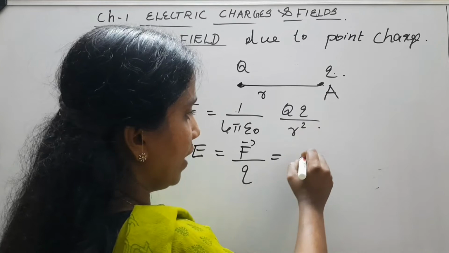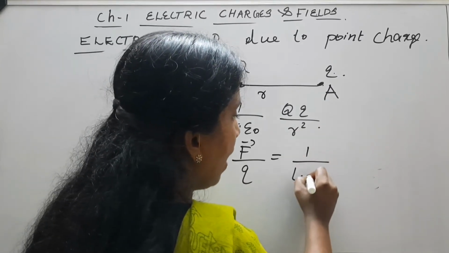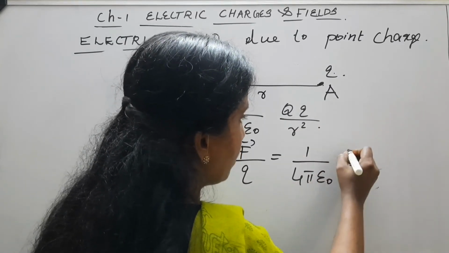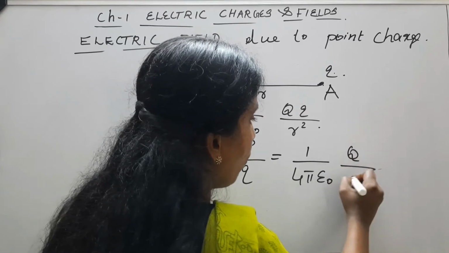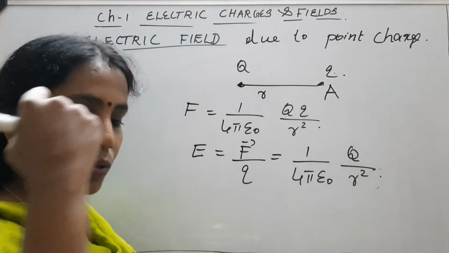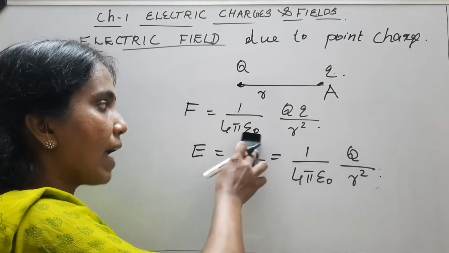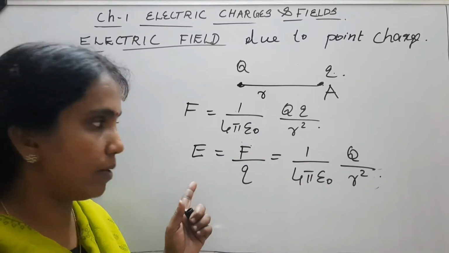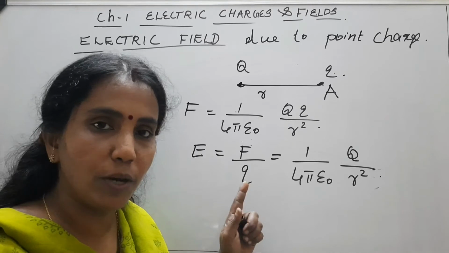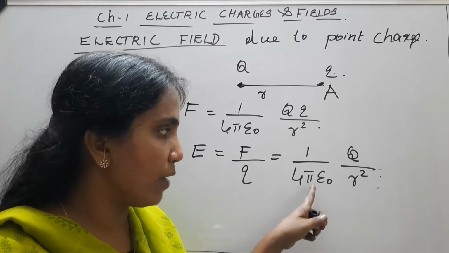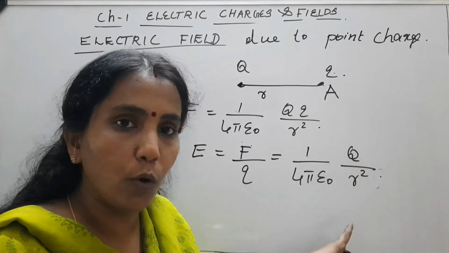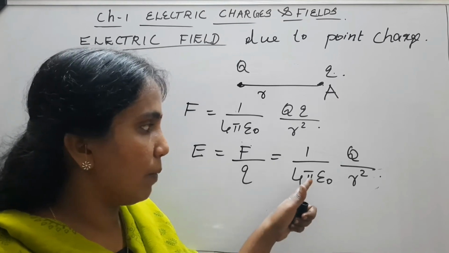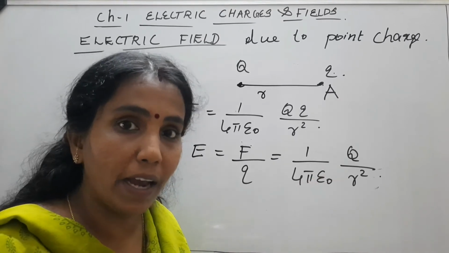This is to be divided by q, and what we have is 1 by 4 pi epsilon 0 Q by r square. So this is the expression for the magnitude of electric field due to a point charge: 1 by 4 pi epsilon 0 Q by r square.